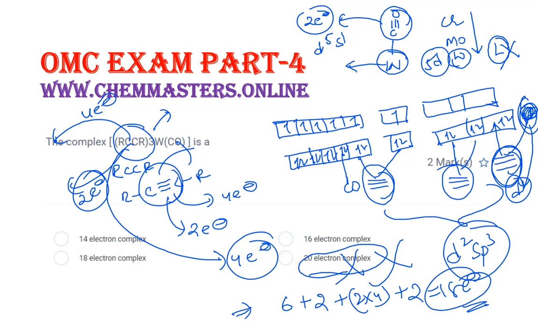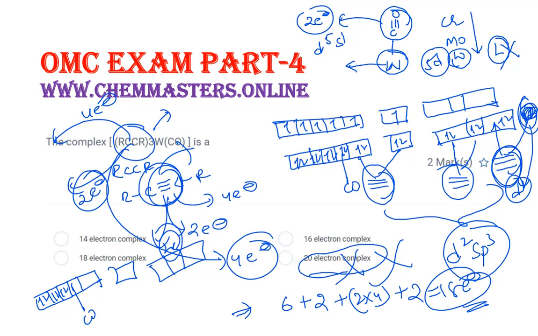Now just consider why not this alkyne as a 2 electron donor here. For example, if it is a 2 electron donor, just check it once again. Draw the orbitals once again, here s and here p. The 6 electrons are paired up here. Now CO takes up its place here. If an alkyne is a 2 electron donor, then 2 electrons are given to this, and here the next alkyne is a 2 electron donor.